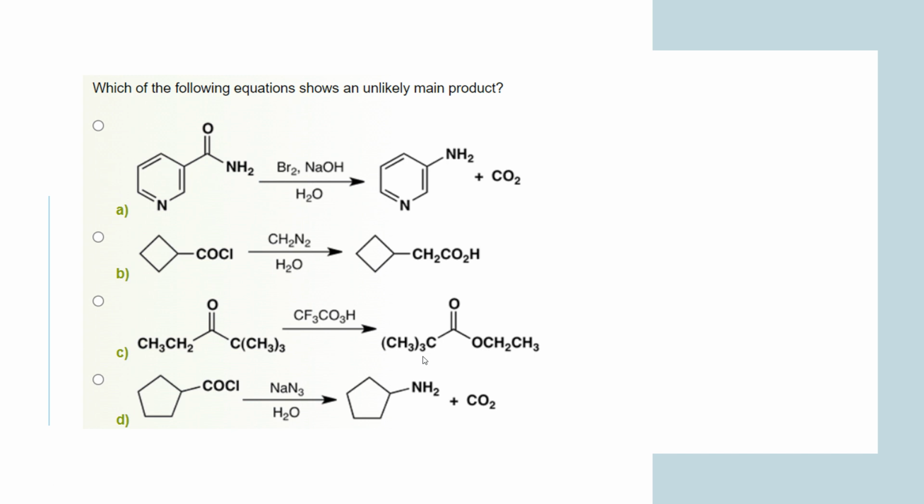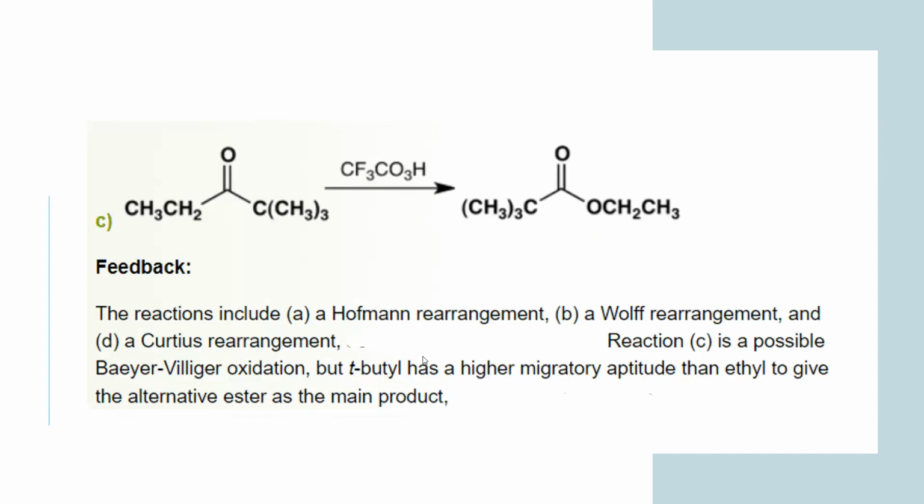Okay, so you have to say that option C is not showing the correct main product. So you have to choose option C as the correct option, since it is the option showing the most unlikely product in the reaction.